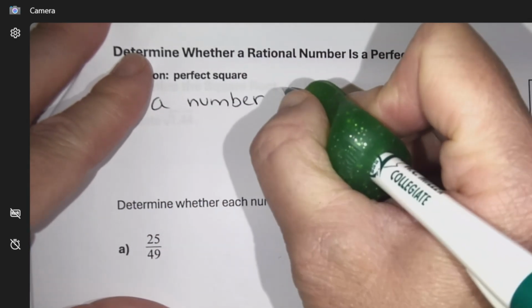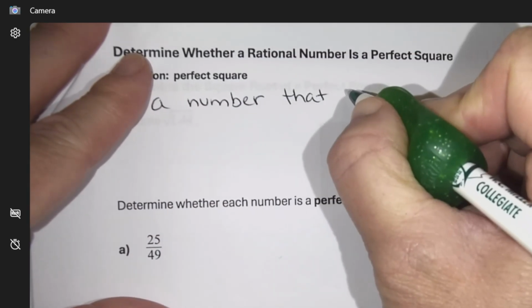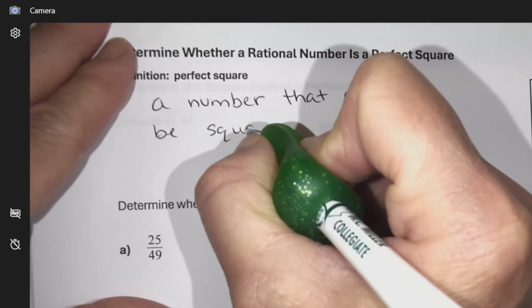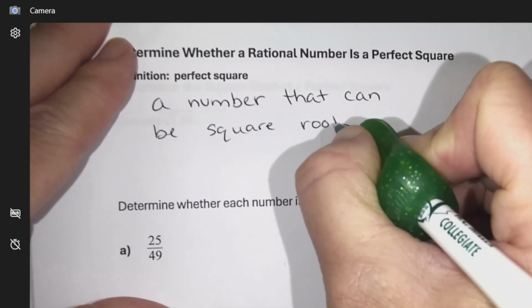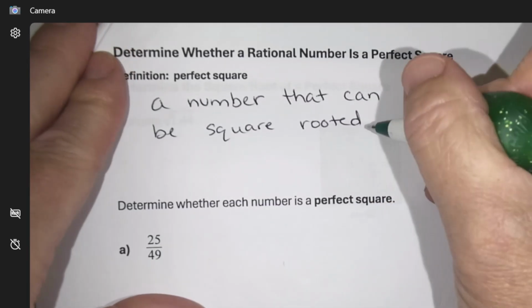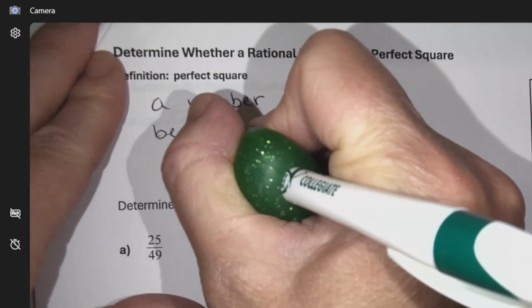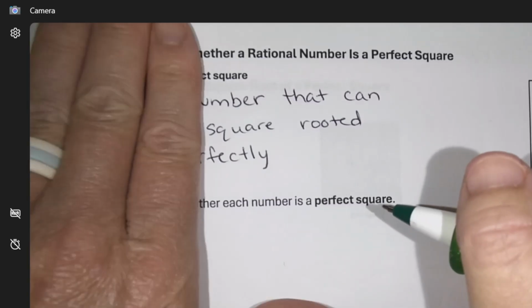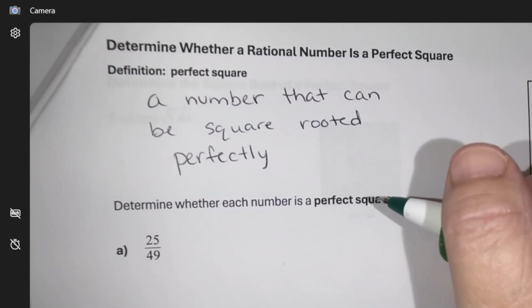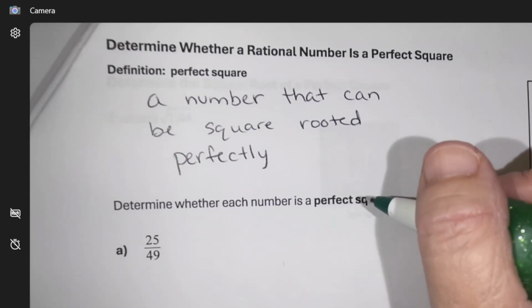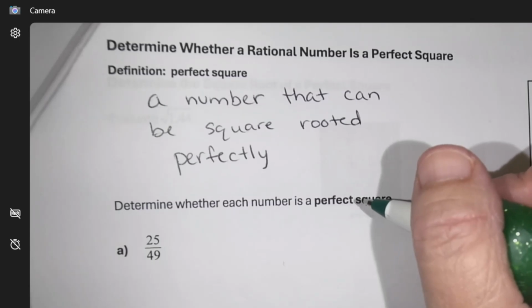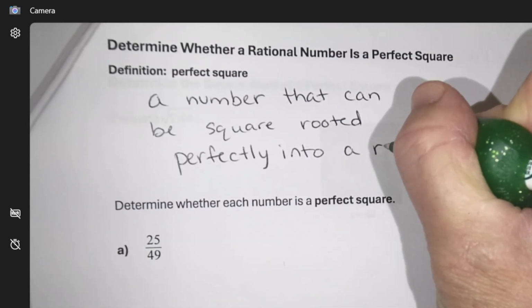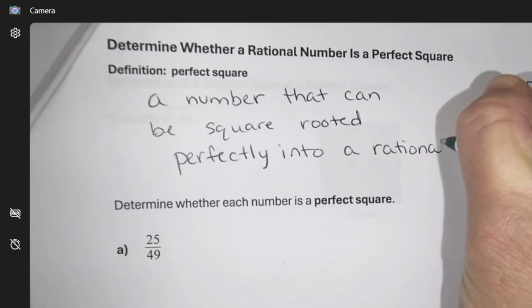A number that can be square rooted perfectly into a rational, we'll say.